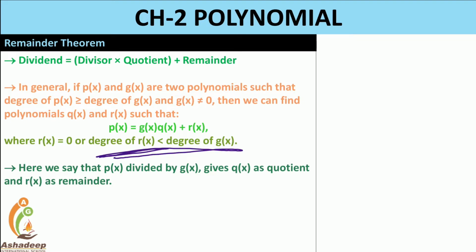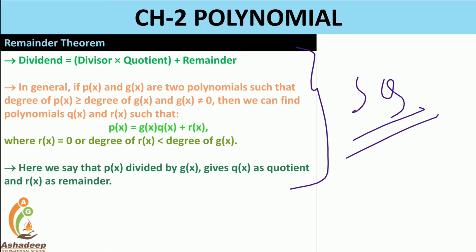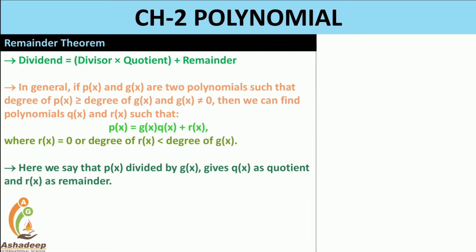This is important. These are very important theory. Many questions might be asked from this theory in the short questions. So understand this theory very well. See, we have p of x, g of x, q of x and r of x.